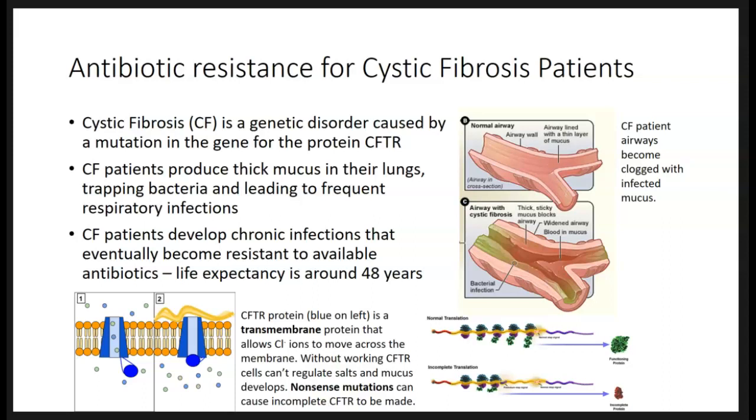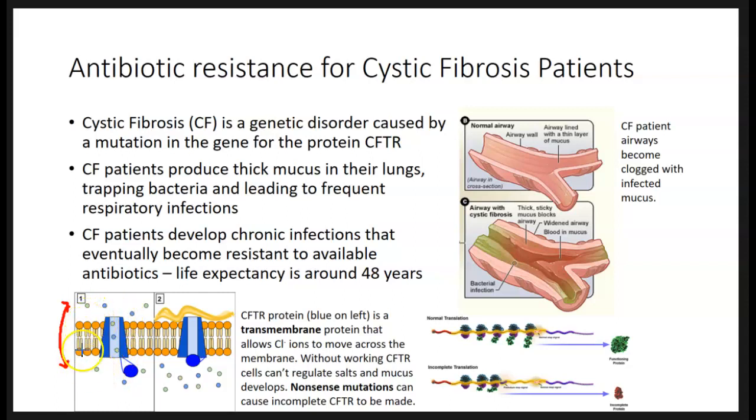codes for the human protein CFTR. What CFTR does is it regulates the passage of ions in and out of the human cell membrane. And so along the epithelium, which is that layer of cells that lines the areas of our body open to the outside, including our airways, CFTR is normally important for controlling osmosis because it regulates the passage of ions in and out of the cell.